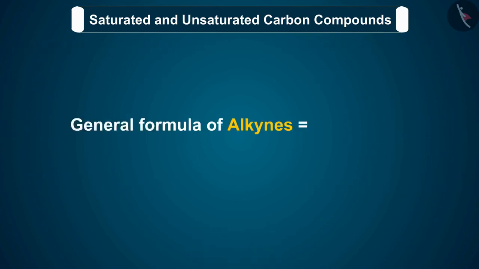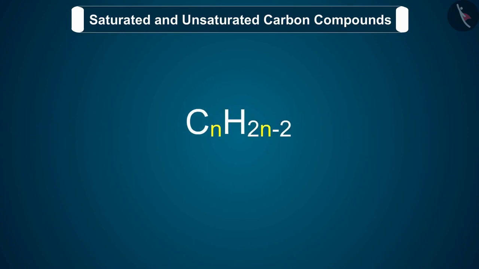The general formula of alkynes is CnH2n-2, where n is the number of carbon atoms in one molecule of alkyne. Let us discuss this with the help of examples. 1.